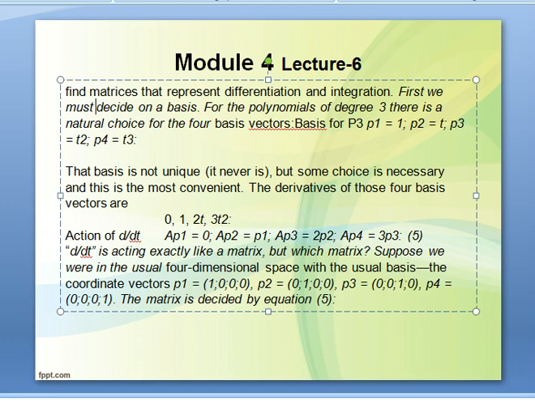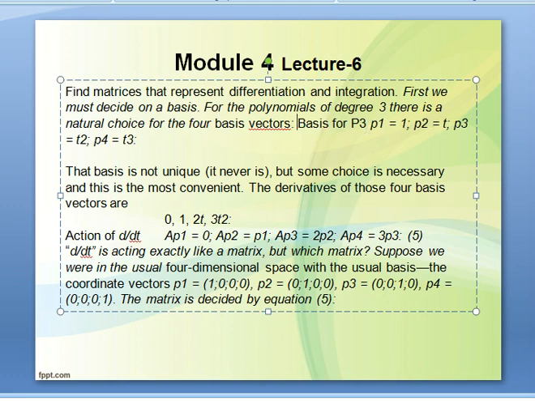So what will be the requirements for that? Let's see. In order to do that, we first have to find the differentiation matrix, and then with that we can multiply and find the differentiation of that particular equation. Once the problem is understood, we can see what exactly is being done here.